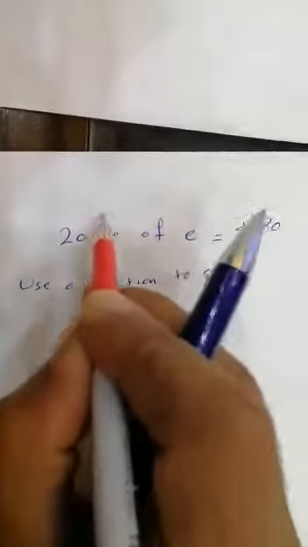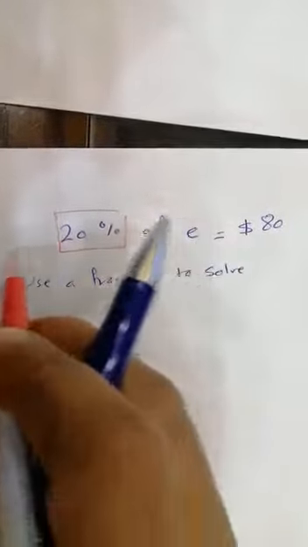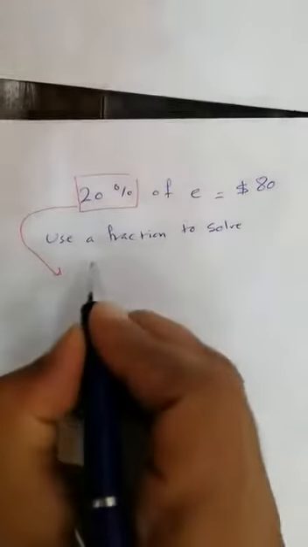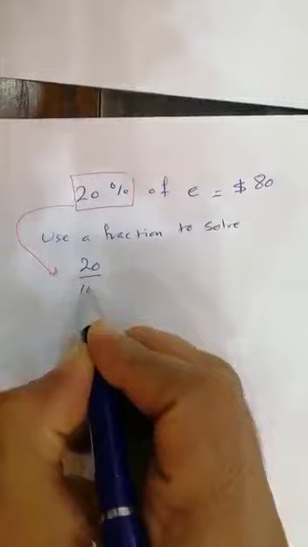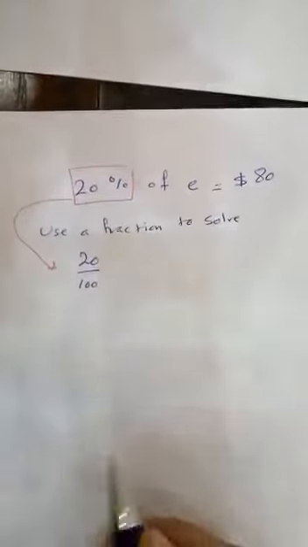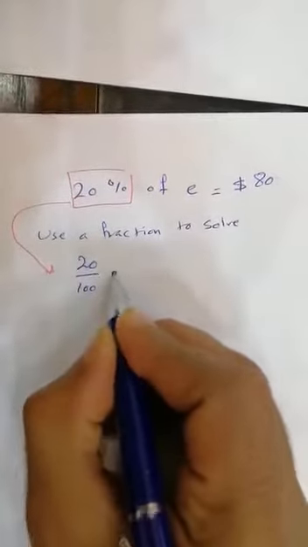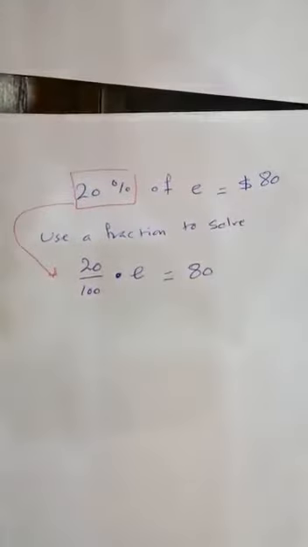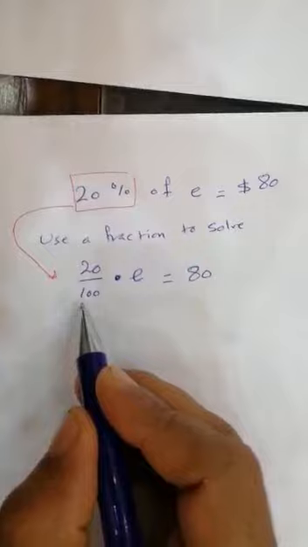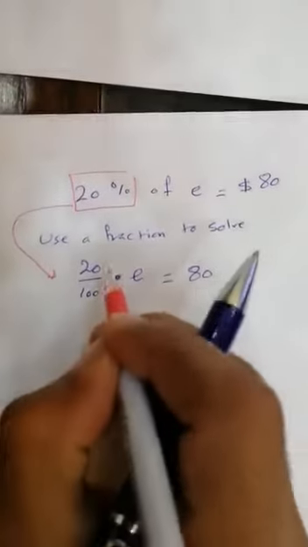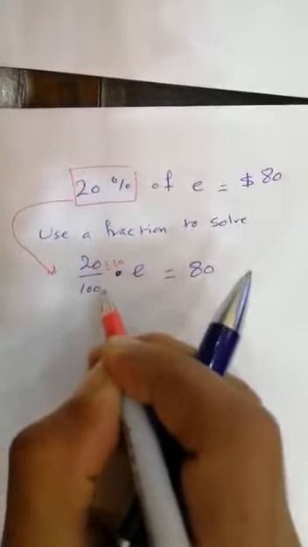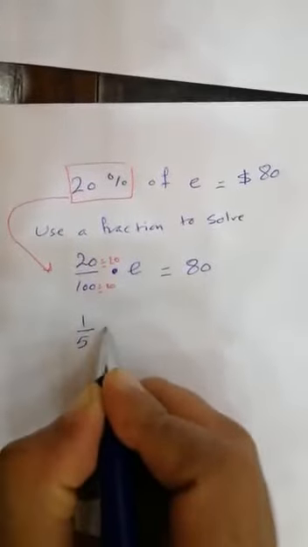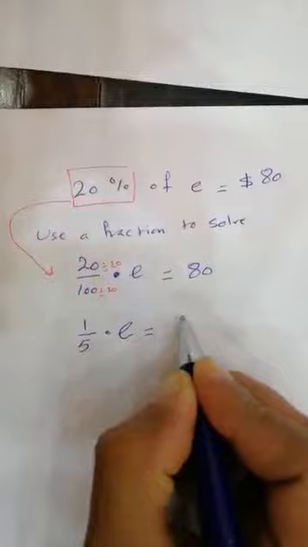That means we want to write the percent as a fraction. Now 20%, we learned how to convert the percent to a fraction. It's 20 out of 100 of, which in math means multiply, E equals 80. Now we can simplify the 20 with 100. Yes, divide by 20 is 1. We divide by 20 is 5. Then it's 1 out of 5 times E equals 80.